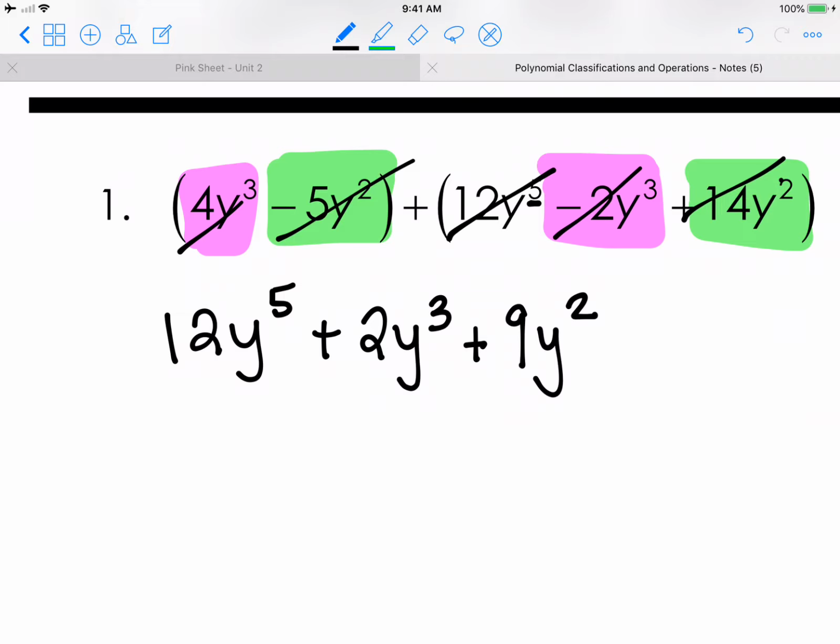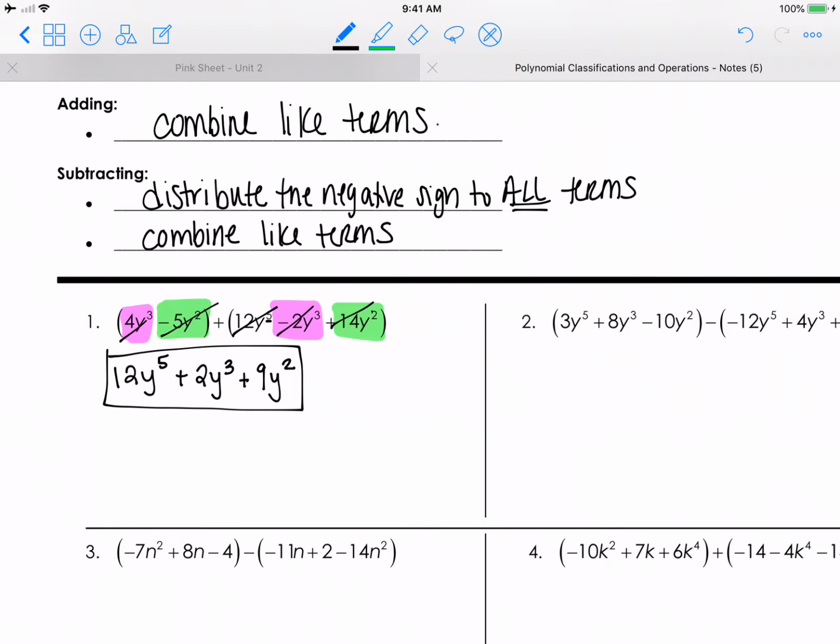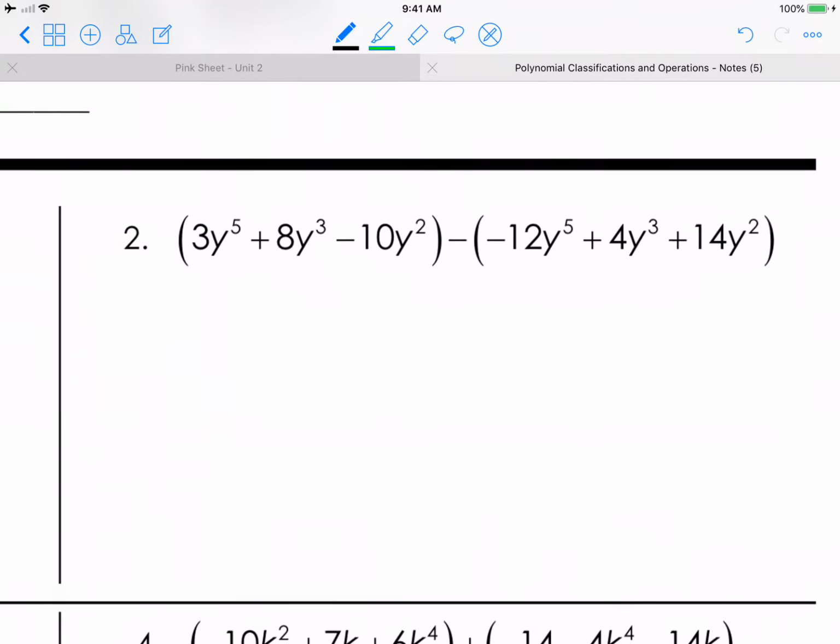And I can cross those out, and I've done all of them, and they're already in standard form, so I'm done. Okay, if anybody has any questions, go ahead and pause and see if your classmates can help you with answering any of these questions. All right, let's look at number 2.